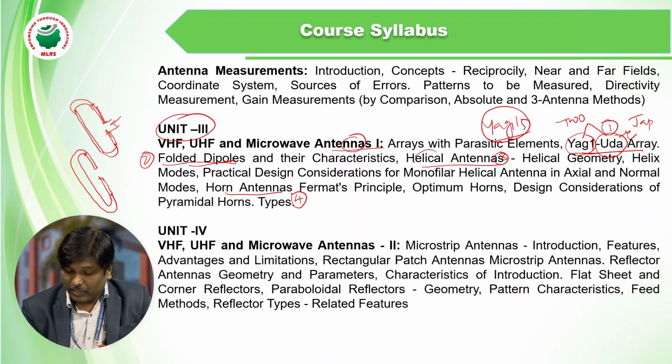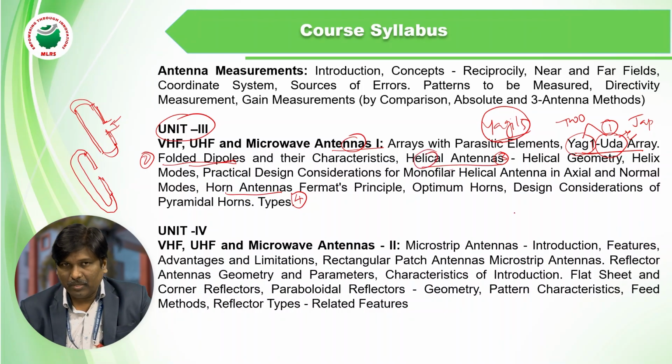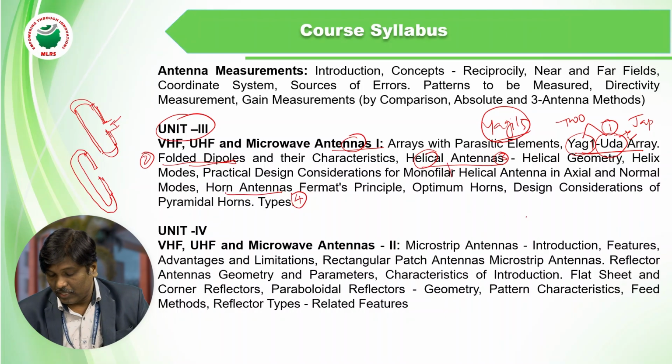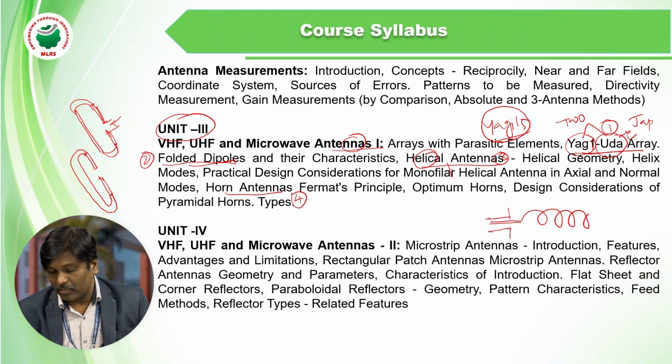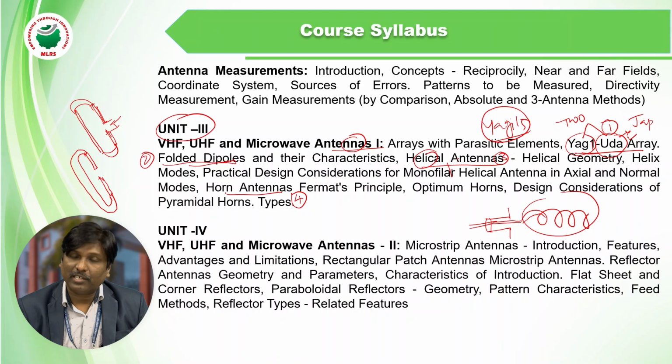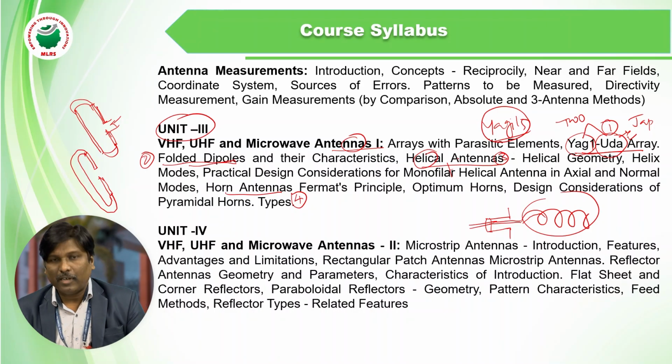Coming to the helical antenna, this name is given after its geometry. That means we use the helical geometry. This helical geometry is fed by the coaxial cable input. The coaxial cable's inner conductor is connected to this helical geometry. Because of this geometry, this antenna is called the helical antenna.